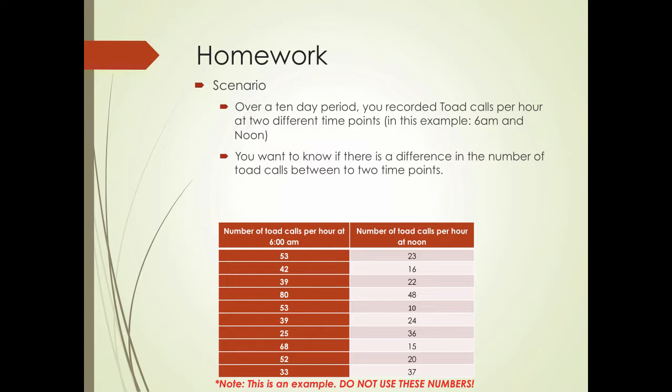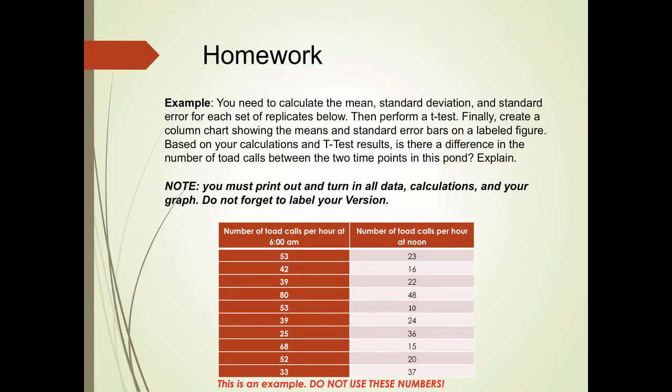When you open your homework version, you should see something similar to the below data in an Excel document. Over a 10-day period, you recorded toad calls per hour at 2 different time points. In this example, 6 a.m. and noon. You want to know if there's a statistical difference in the number of toad calls between the 2 time points. You need to calculate the mean, standard deviation, and standard error for each of the replicates below.